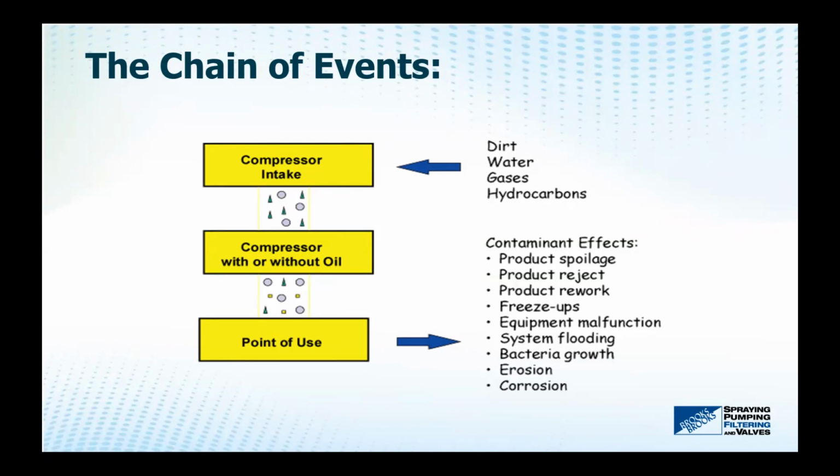The consequence of that is that the temperature increases when you compress air, and then the air is used at the point of use. If we don't remove the contaminants out of the compressed air, you can have product spoilage, line freeze-ups, liquids in your airlines, bacterial growth, erosion, and corrosion. So the goal of today's presentation is to assure that the air quality is adequate for the use that you're going to be using the air for.